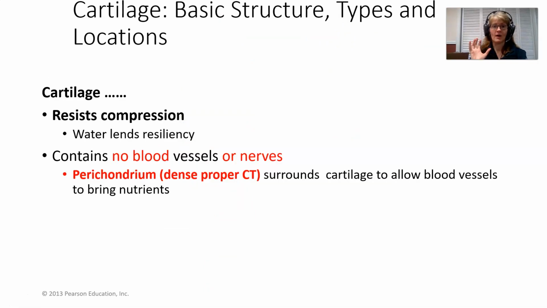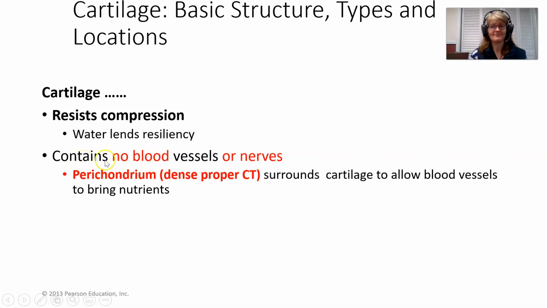So cartilage is always going to resist some sort of compression, but fibrocartilage does that more than others. It's got lots of collagen in, which gives great strength, also gives a bit of flexibility. And then the water means that it can bounce back and be more resilient. So, does it have blood vessels?